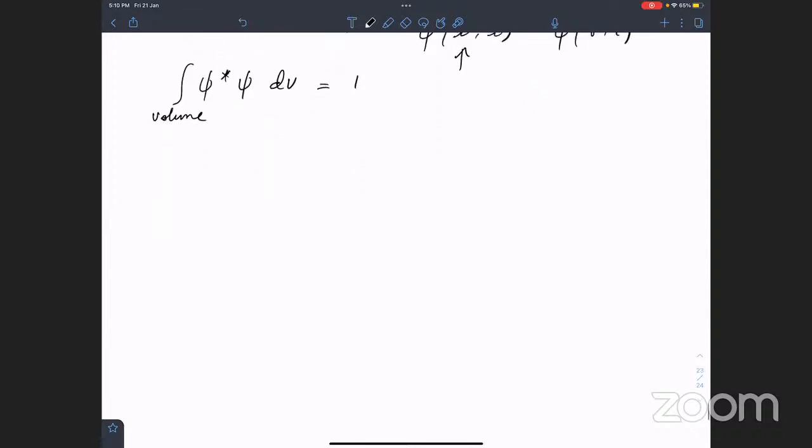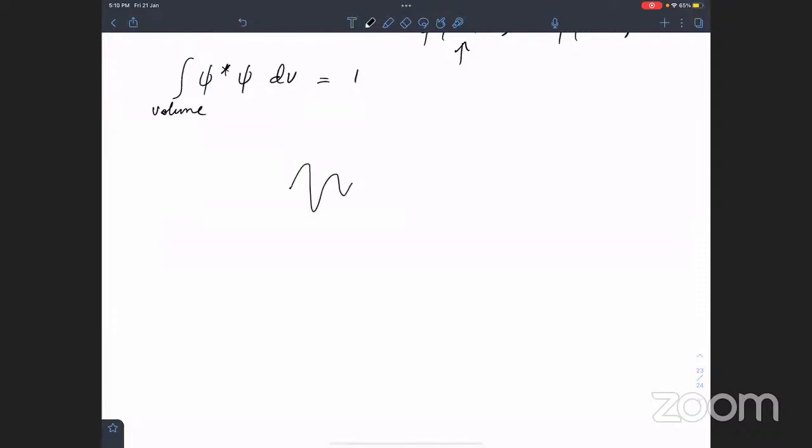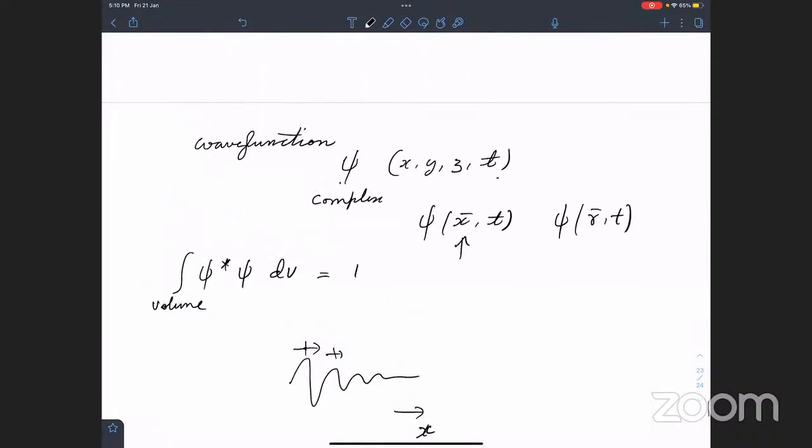What I mean by that is, if you were to plot this psi, it would look like a wave, meaning that it would go up and down in space. If you freeze the wave function at any given time and look at different locations in space, there are some places where it is 0, some places where it is high, and so on, right? And wherever it is high, that place keeps moving, right? That is why we call it a wave function. It's not a general function. It's a function which has wave-like characteristics.